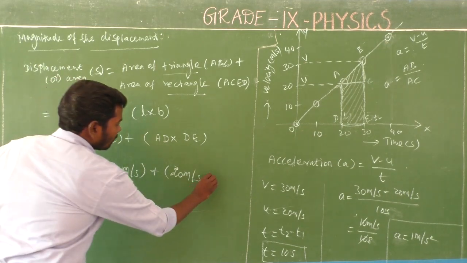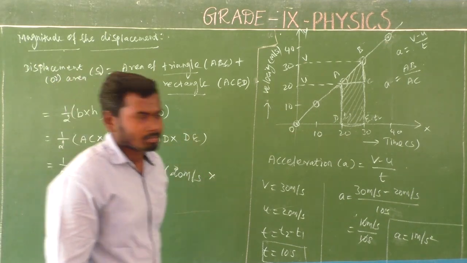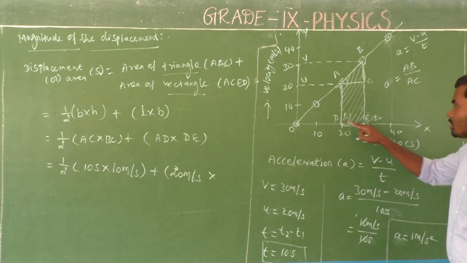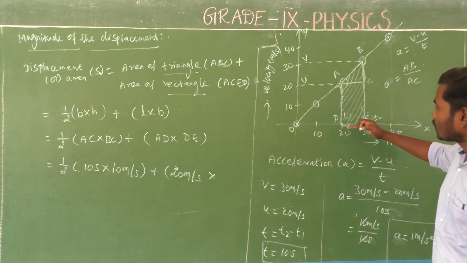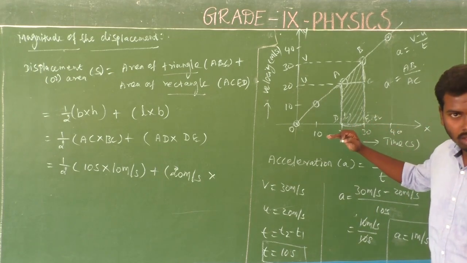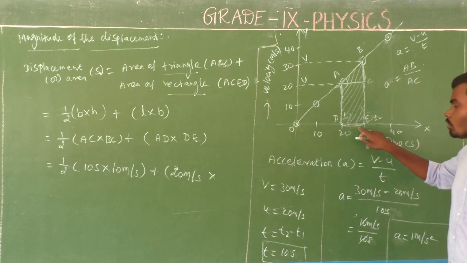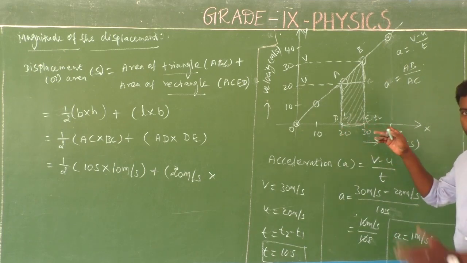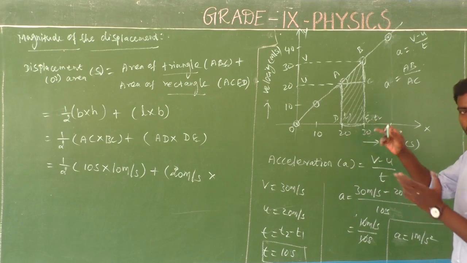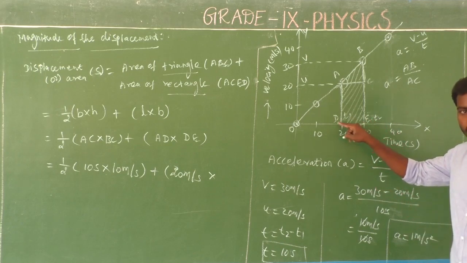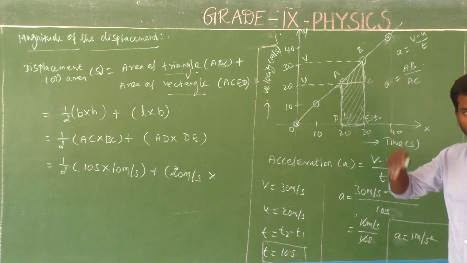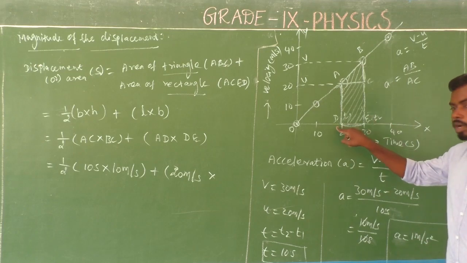Then into DE. What is DE? Actually, this is the breadth of the rectangle. So what is the value? Actually, that is the time interval. We have two times, T2 minus T1. We always subtract the smaller number from the larger number. T2 is the larger number and T1 is the smaller number.